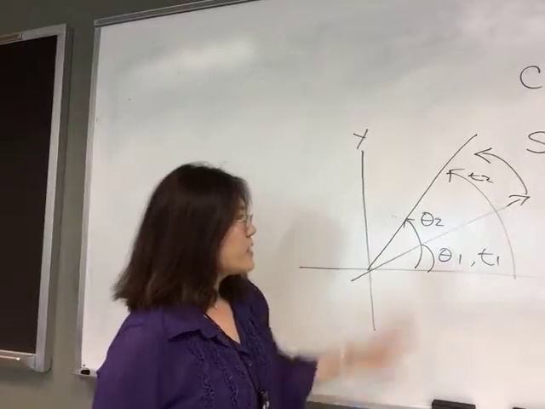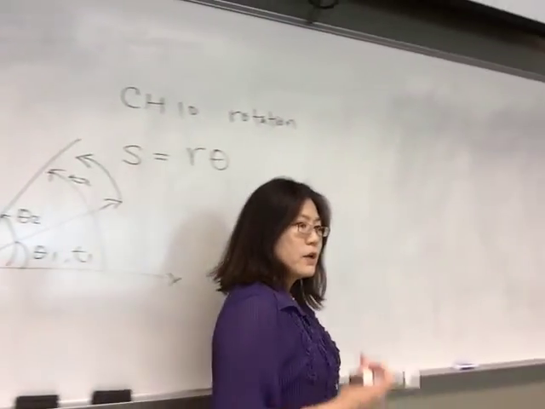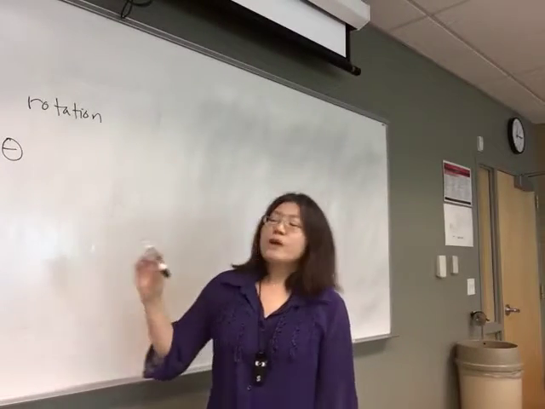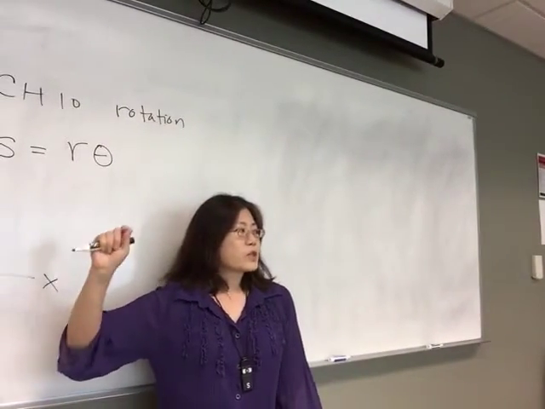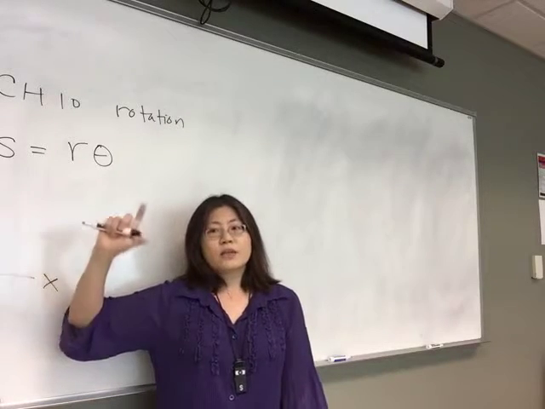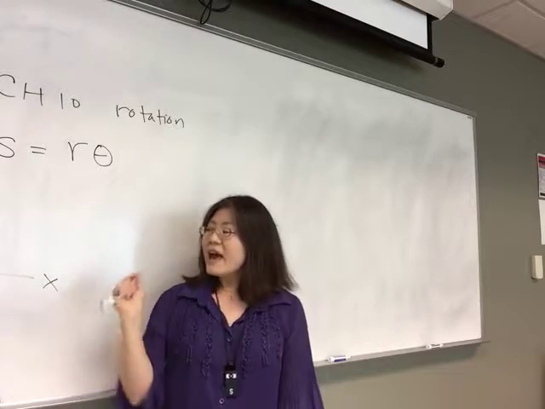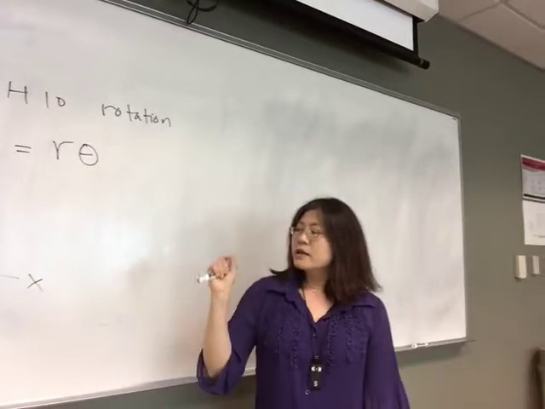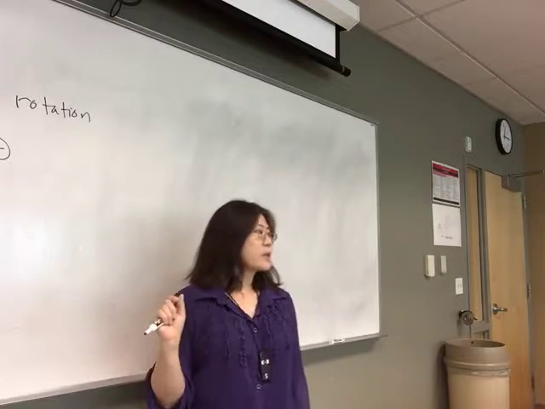So in that case, what we can do is utilize what we learned from chapter 2. In chapter 2, you find that when you have an object that travels from position x1 to position x2 within the time interval t1 and t2, you can calculate the average velocity, and in addition you can also find out what the displacement is, right?